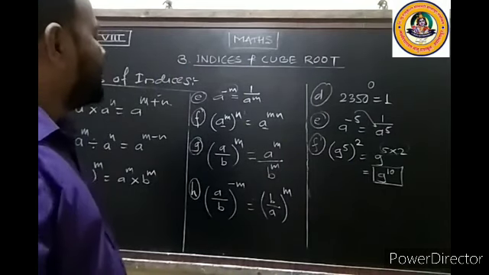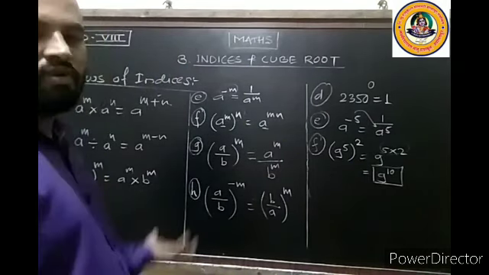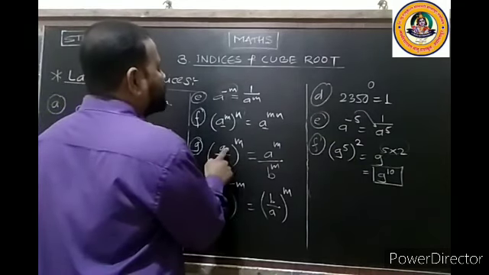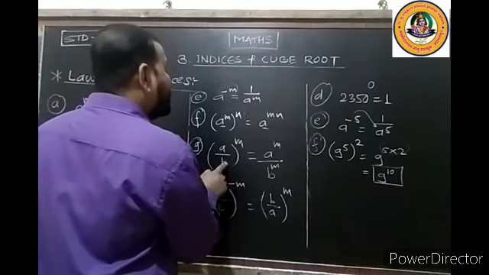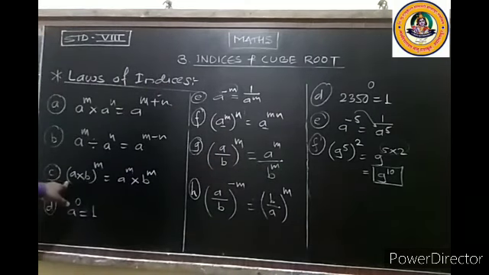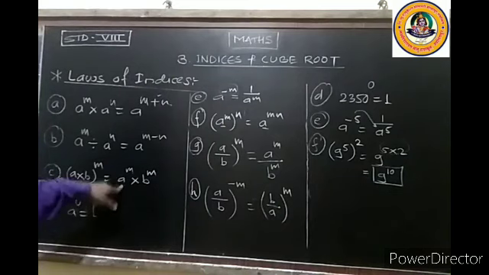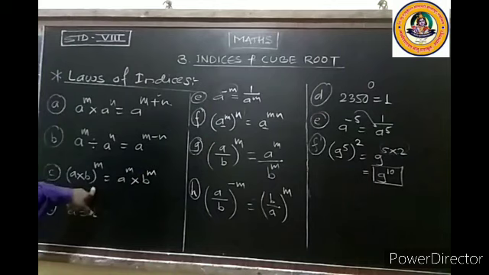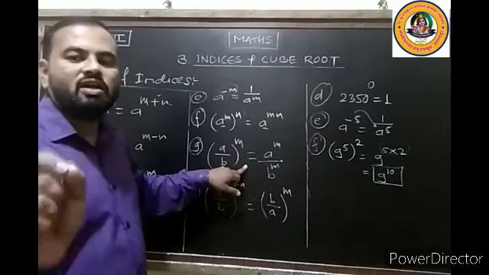G, a divided by b or a upon b, what we say? A divided by b raised to m is equal to a raised to m divided by b raised to m. Same, just like C, a into b raised to m is equal to a raised to m into b raised to m. Separation of their indices. Here is a multiplication, here is only a division.